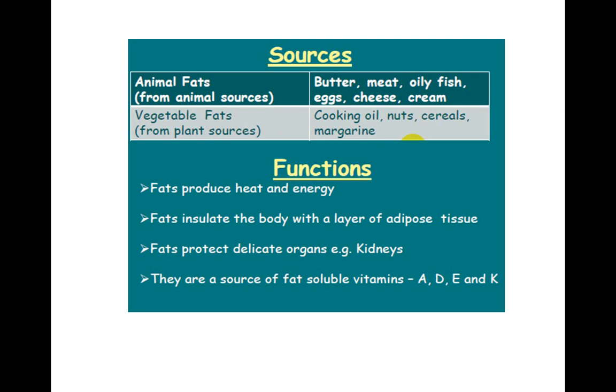While vegetable sources include various edible oils such as groundnut, mustard, sesame, palm oil, sunflower oil, coconut oil, olive oil. Mostly all vegetable oils are rich sources of essential fatty acids.